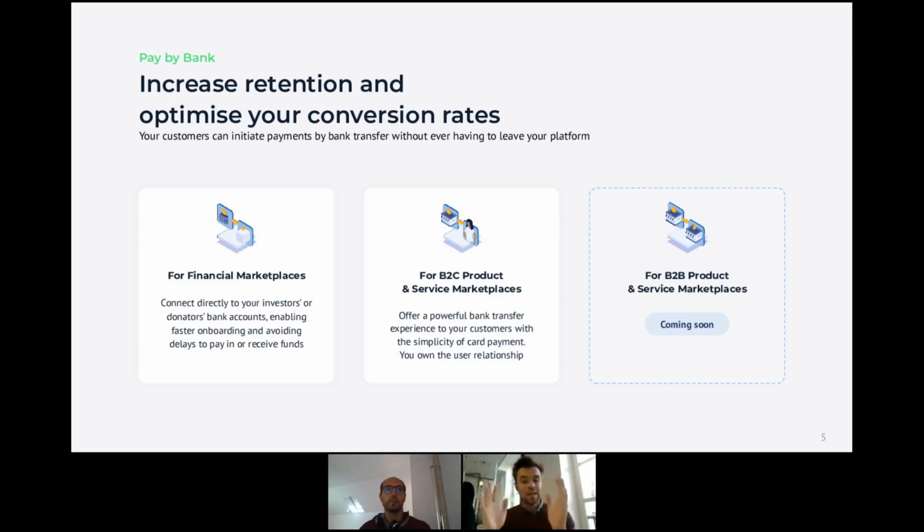Why not yet completely for B2B marketplaces? Because the banks connected through our PISP provider, Tink, tend to be much more connected on the retail, individual banking side, more than the business side. There are some banks who have the same API for their business accounts and for their private accounts.